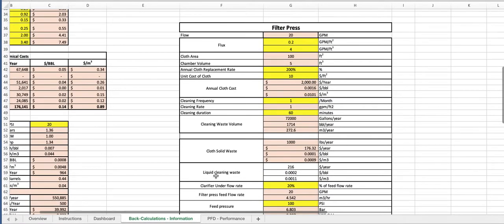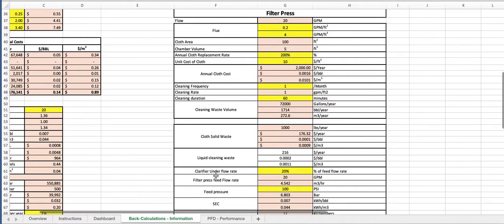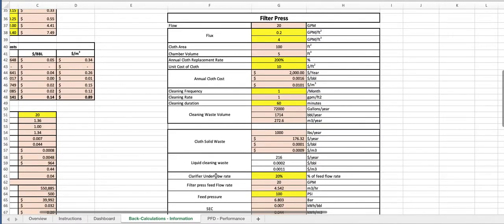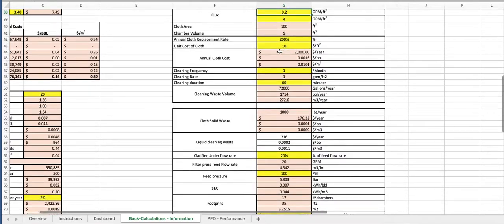Also, it provides you with a sketch and some key parameters on how to size up and cost your filter press effectively.